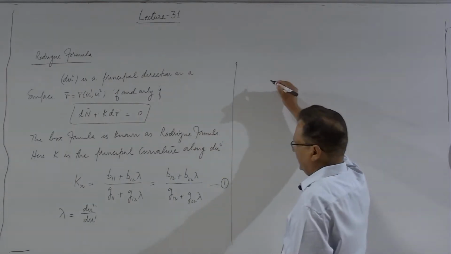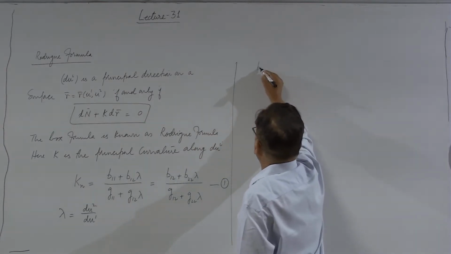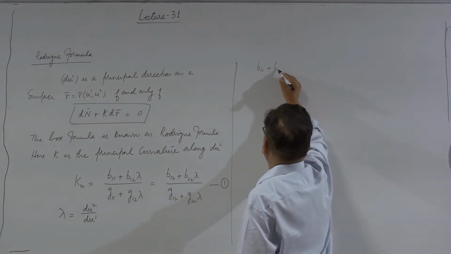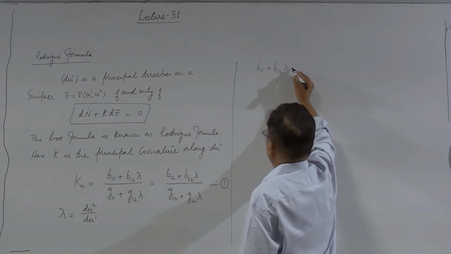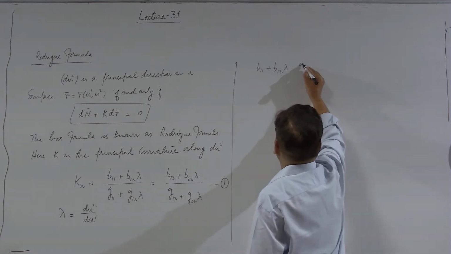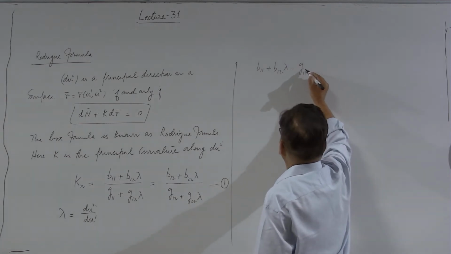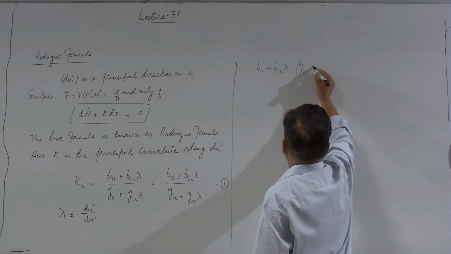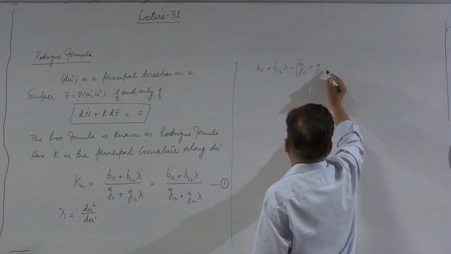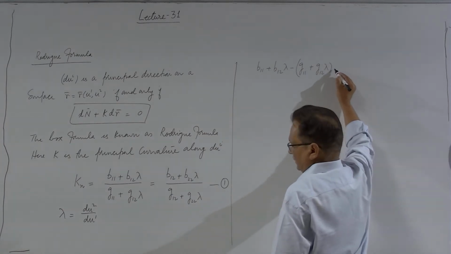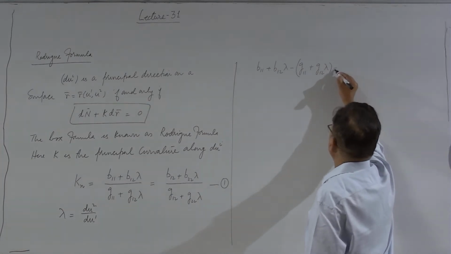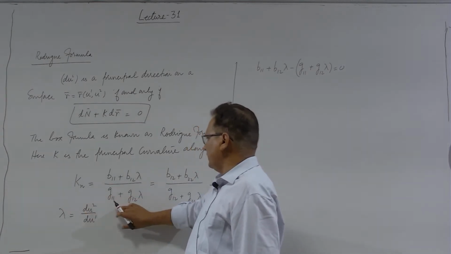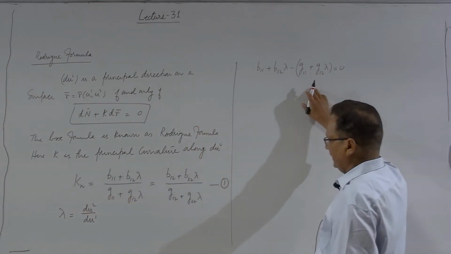So, this will become B11 plus B12 lambda minus k times G11 plus G12 lambda equal to 0. When you take the first term and the second term together, you will be getting this.